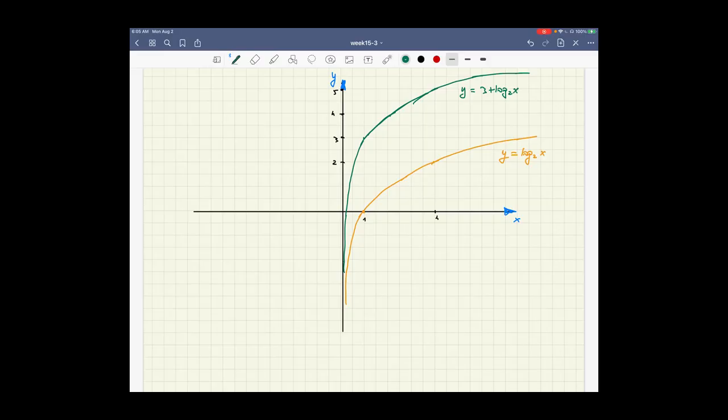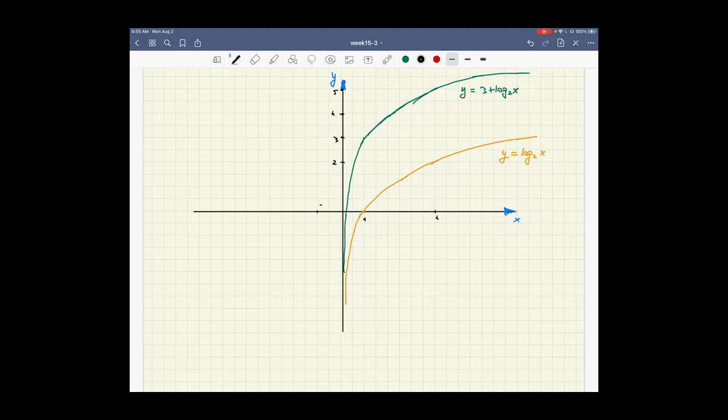And the other graph, log base 2 of x plus 3, will look the following way. So it will be a shift of log base 2 of x horizontally by 3 units to the left.